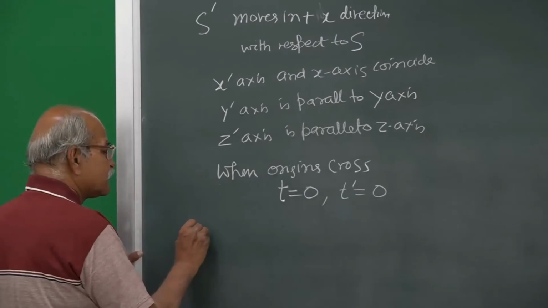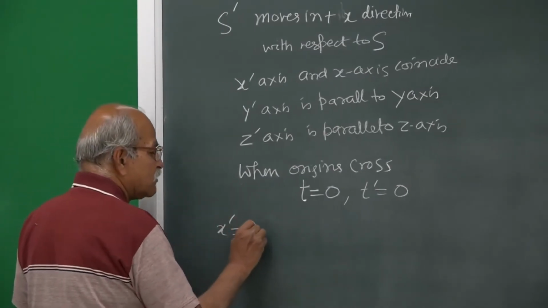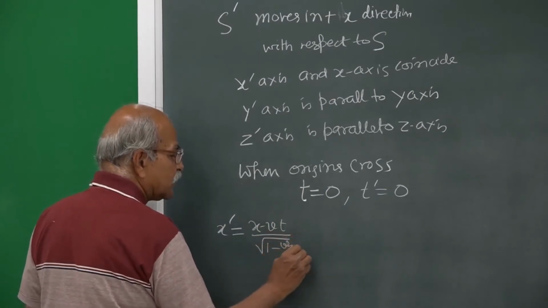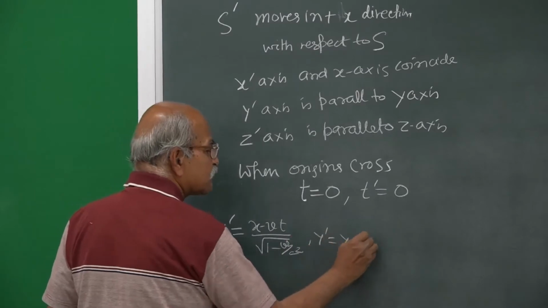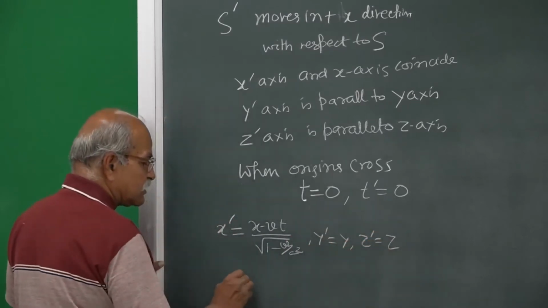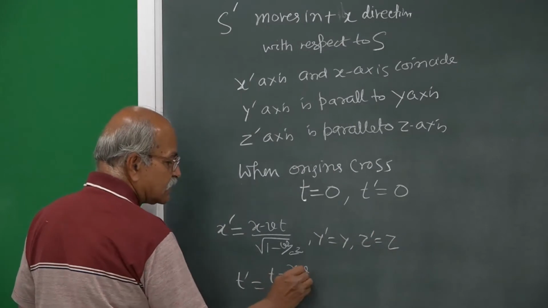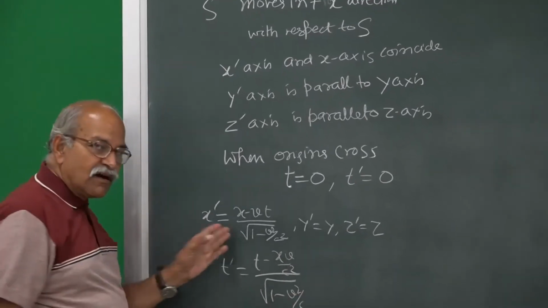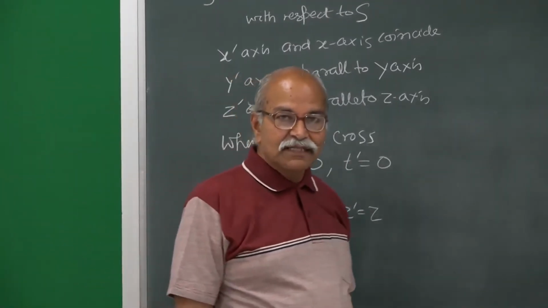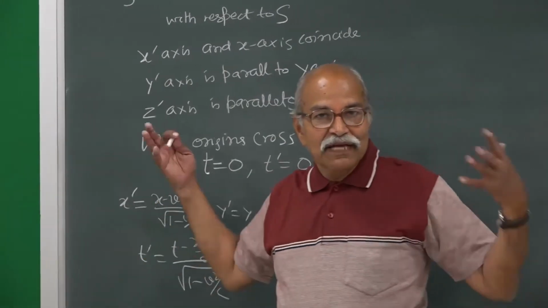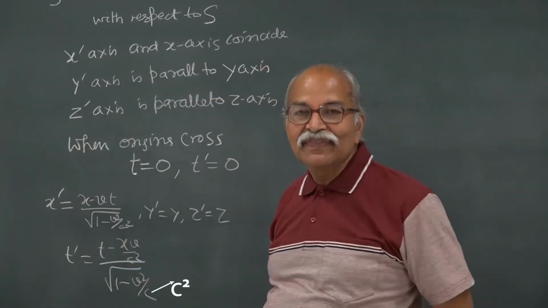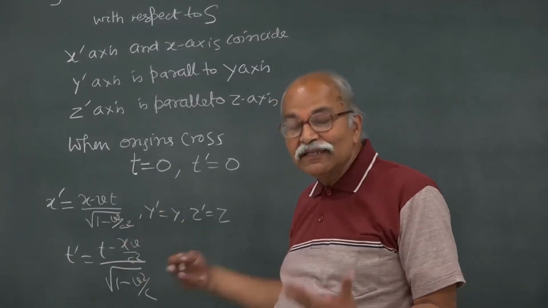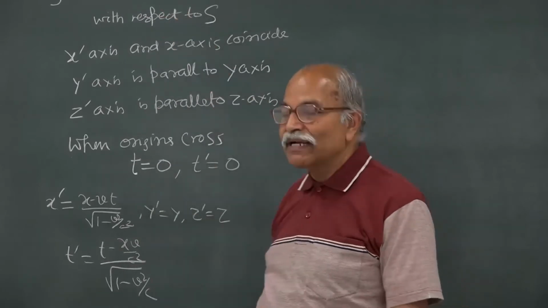The Lorentz transformation equations were x prime equal to x minus vt, y prime is equal to y, z prime is equal to z, and t prime is equal to t minus xv by c square, all divided by square root of 1 minus v square by c square. These are the equations we have practiced from the very beginning, and we have crammed perhaps by this time. But these equations will not be the Lorentz transformation if these conditions are not met.